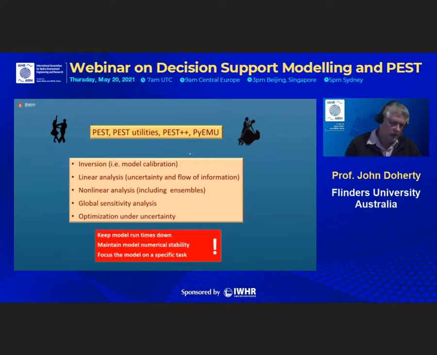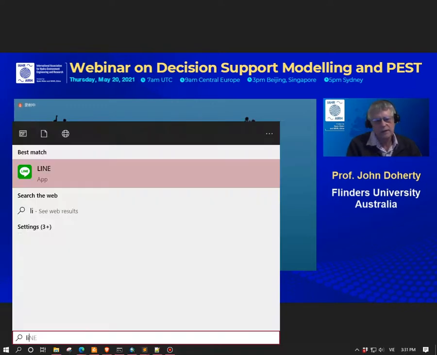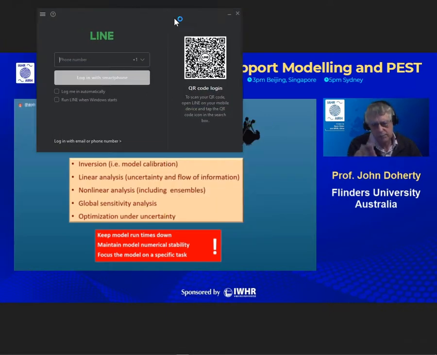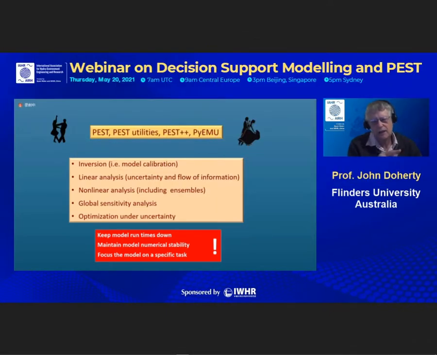But as I said earlier on in this talk, this isn't going to happen if we build a complex model and then do the dancing as an afterthought. The model has to be able to dance. Hopefully, it's got to be able to run fairly fast. It's got to be numerically stable. And that means it's probably got to be built to make specific predictions. The idea that we build one giant, horrible, complex thing that can make any kind of prediction, that doesn't work.